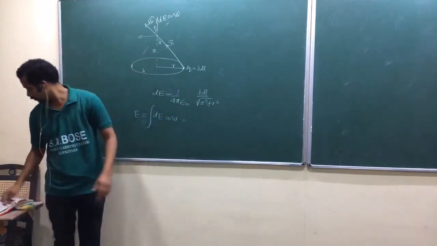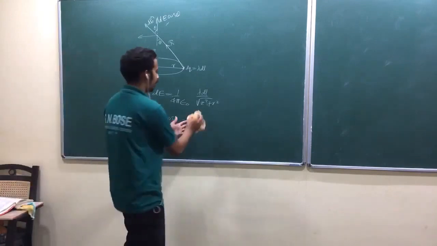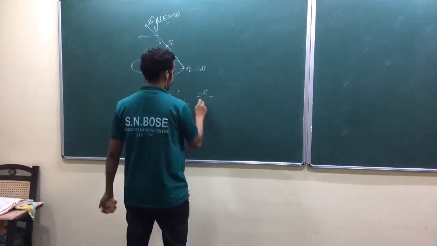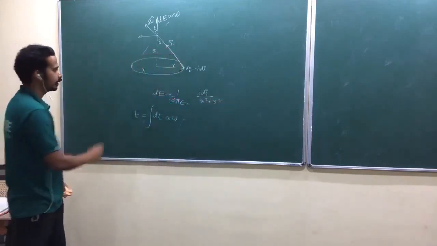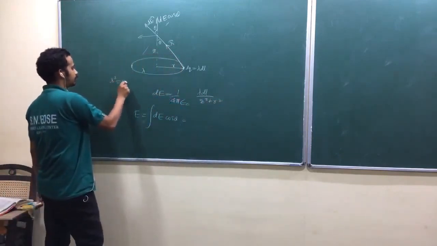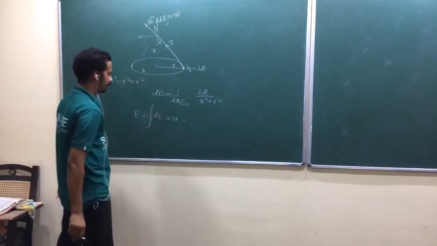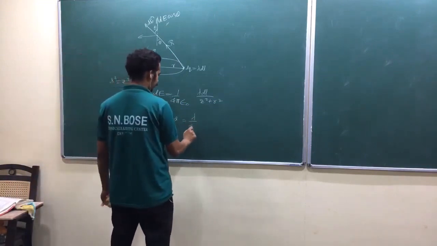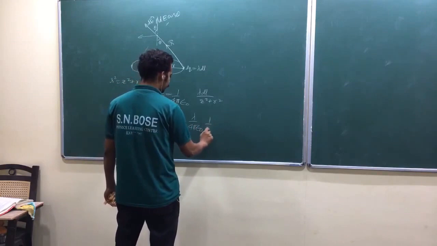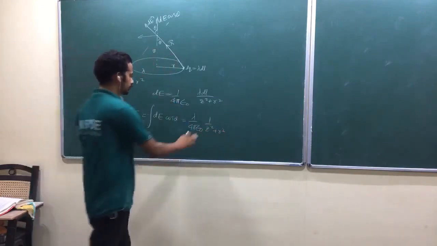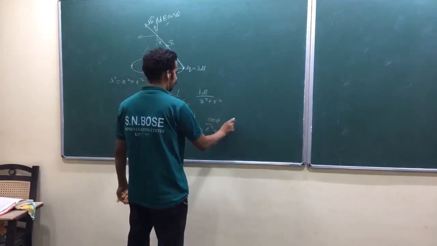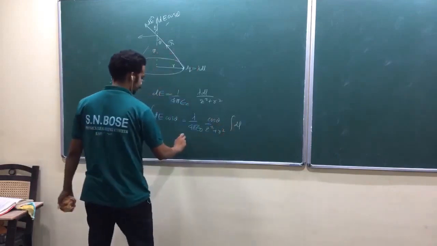So it's not potential, isn't it? Italic r square is equal to z square plus r square. So now lambda by 4 pi epsilon naught, 1 by z square plus r square, cos theta. Theta is also constant, cos theta I can also take outside. Integral of dl. Am I right?